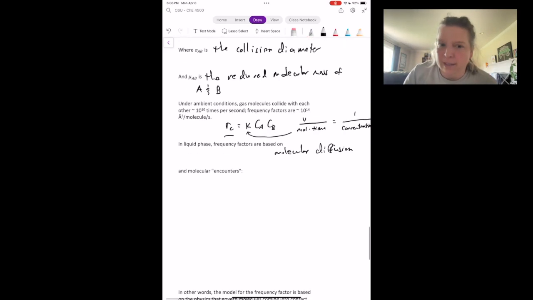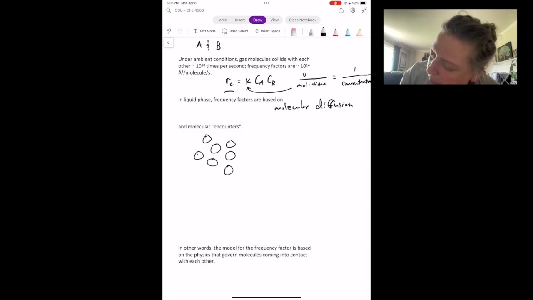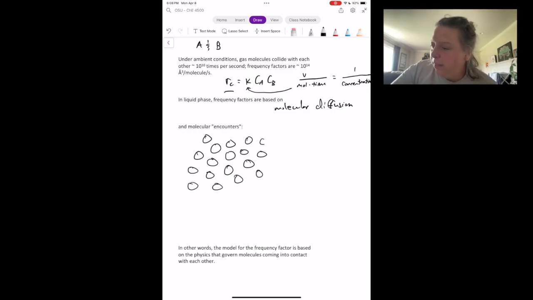So the frequency factor is basically going to quantify how they come into contact. If you think about liquid phase molecules, they have some amount of structure to them, maybe not as organized as a solid, but they are all interacting. And what they do is they are going to kind of bump into each other.